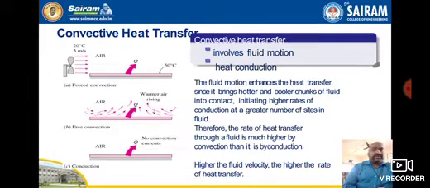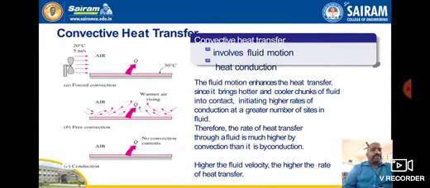On the other side, for the same size of plate at 50 degrees centigrade, if you are blowing air onto the plate at a velocity of 5 meter per second and a temperature of 20 degrees centigrade, obviously the rate of cooling is increased, so the rate of heat transfer is also more. This is how you increase the rate of cooling or rate of heat transfer by convection.